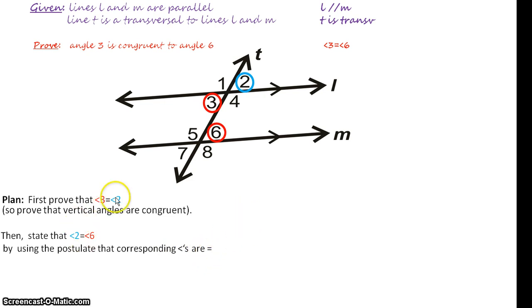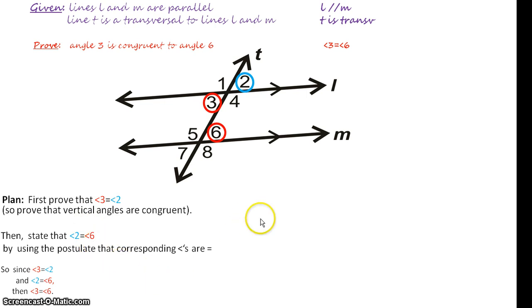Once we've done these two things, we can say, since 3 is congruent to 2 and 2 is congruent to 6, then 3 is congruent to 6.